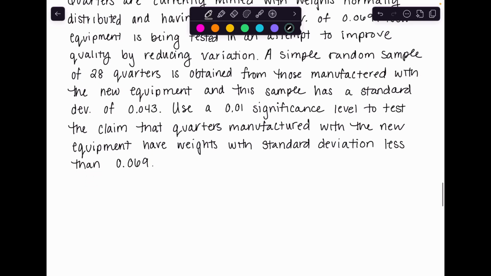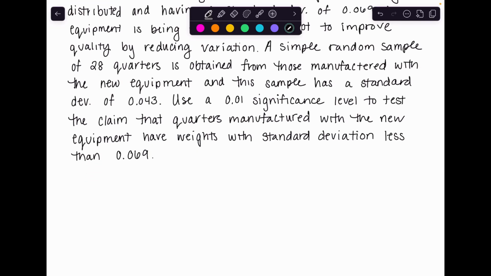So to lay everything out into simpler pieces, our claim is that our standard deviation is now smaller than it was before. So that gives us more efficient machinery. Because this does not include equality, this is going to be our alternate claim, which means our null hypothesis is equal, but also it really means it's the opposite case.